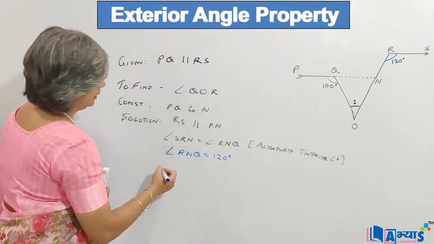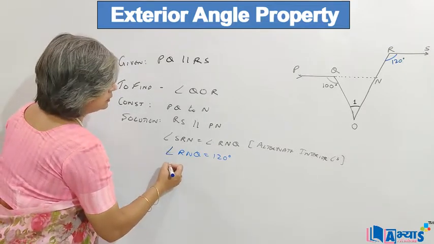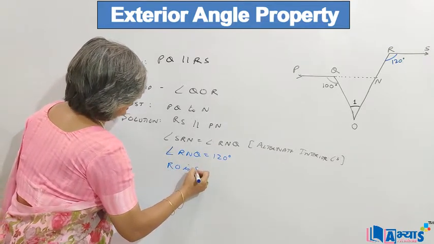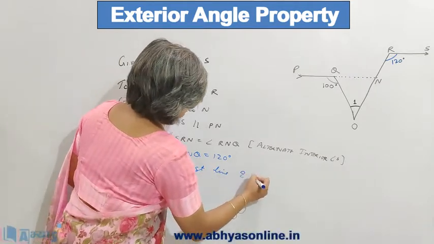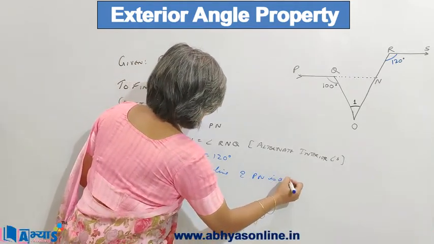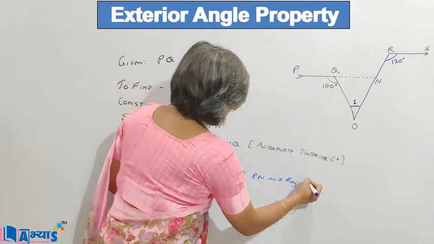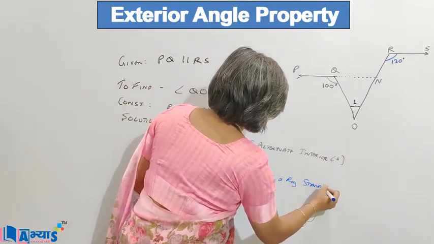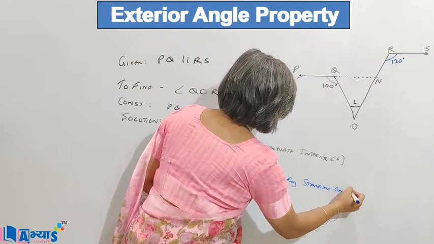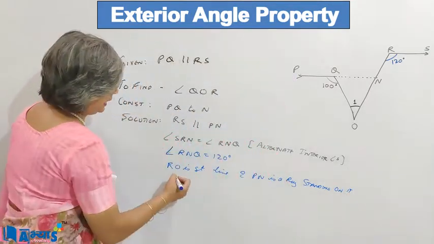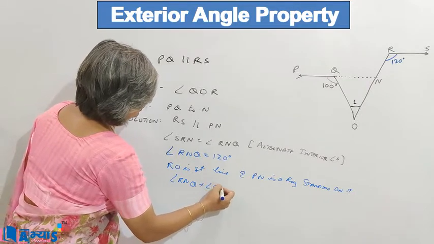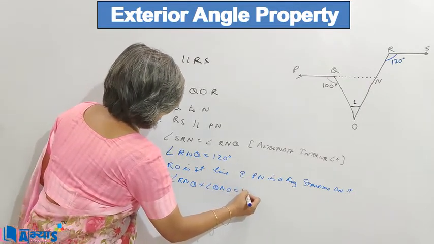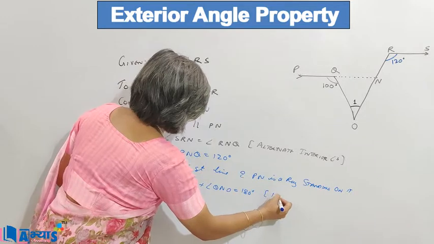Now RO is a straight line and PN is a ray standing on it. So we can say that angle RNQ plus angle QNO is equal to 180 degrees. They are linear pairs.